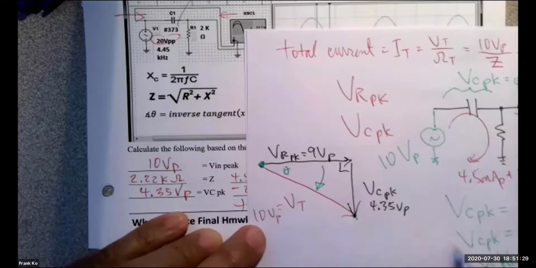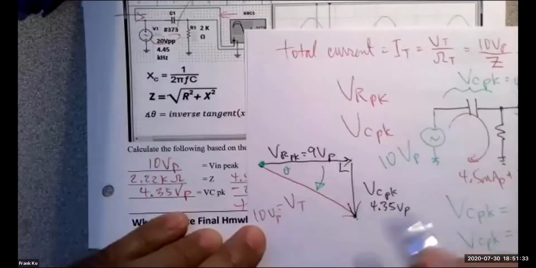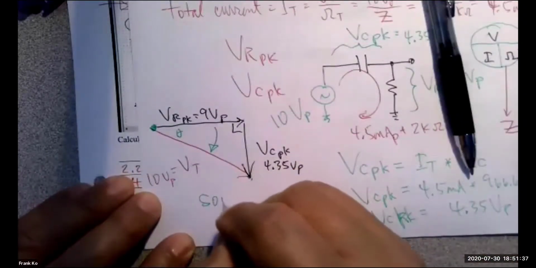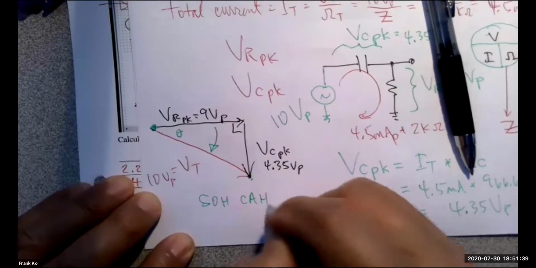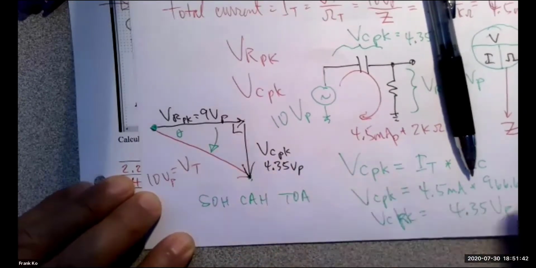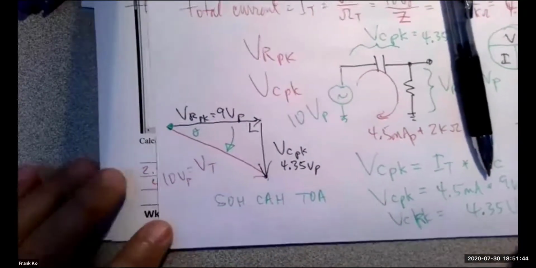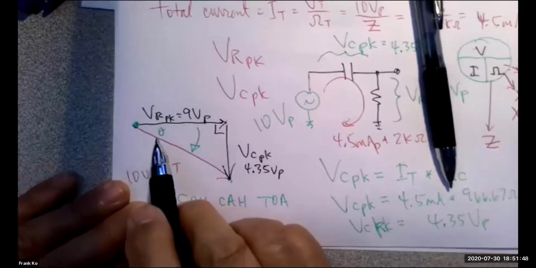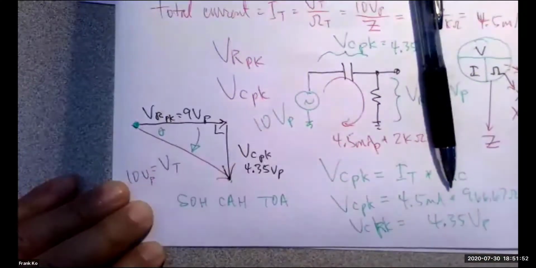That being said, how I calculate the phase angle depends on our memory tool. We go back to our memory tool, SOHCAHTOA, because we use SOHCAHTOA in order to determine our phase angles. And so if this is my angle of theta, you need to reconcile the names of the sides of these triangles.